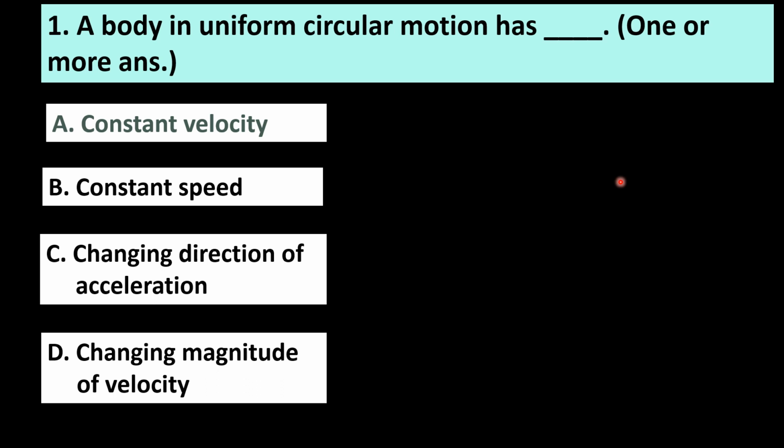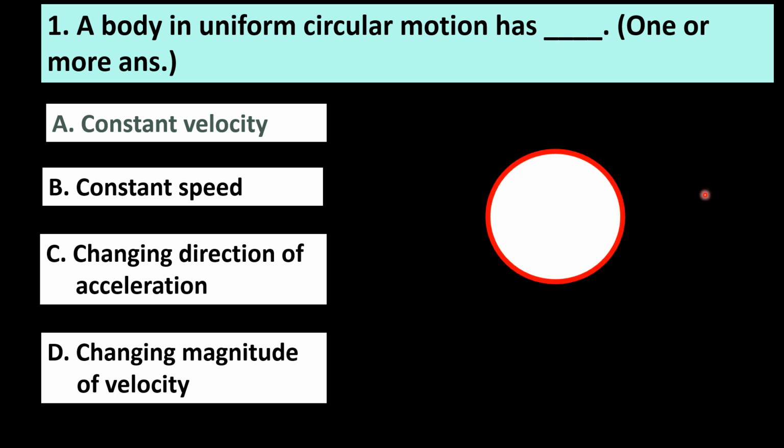So let's imagine that this is the circular path of a body in uniform circular motion. Let's consider a particle that is moving around in a counterclockwise direction.